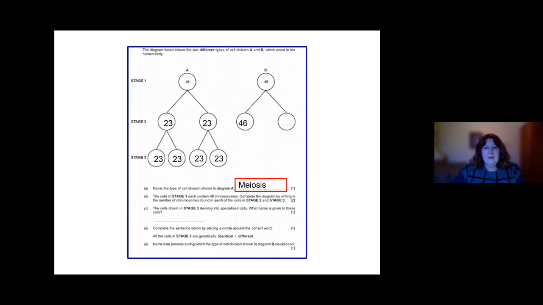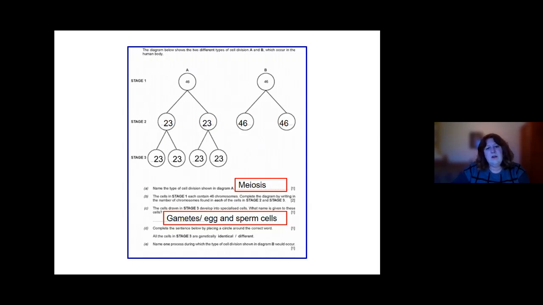But to follow through what's happening in the diagram, we know that in stage 1, cell B, we are producing genetically identical cells of exactly the same chromosome number. So we know A in stage 3 has produced haploid gametes. We can call them egg and sperm cells, or you can call them gametes, it doesn't matter actually.